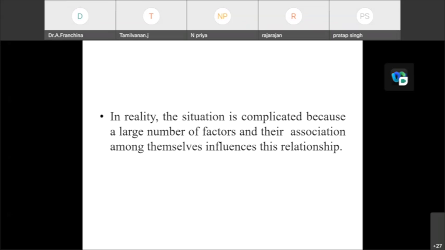Both of us are directly interacting, so what's happening? Many impacts. That is what I have mentioned as complicated, because a large number of factors and their association among themselves influence the relationship. See, if we are planting more trees, what is the output?